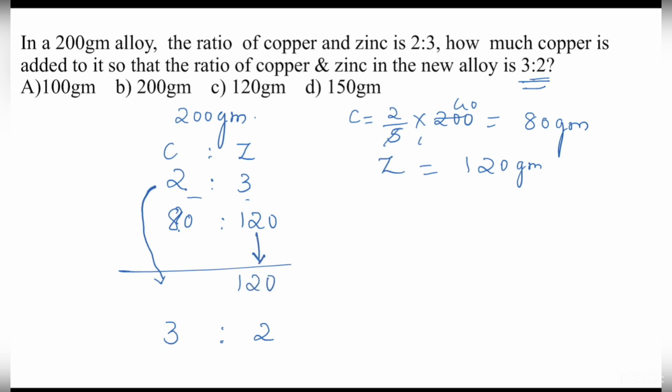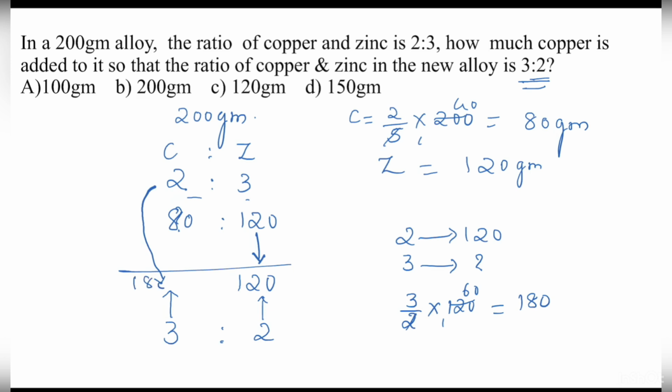Then 2 parts is zinc in the new mixture, so 3 parts will be how much copper? 2 parts is 120, so 3 parts is 3/2 into 120, which is 180. So copper should be 180.